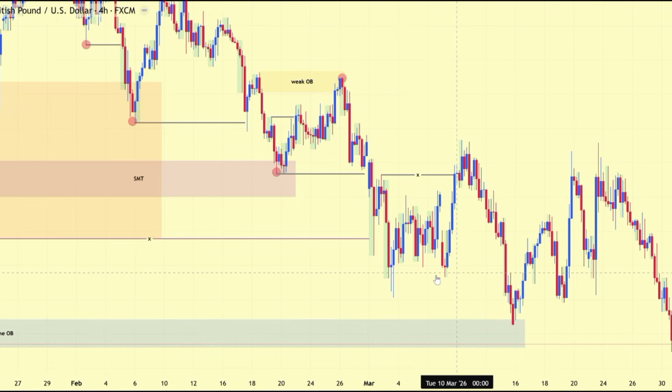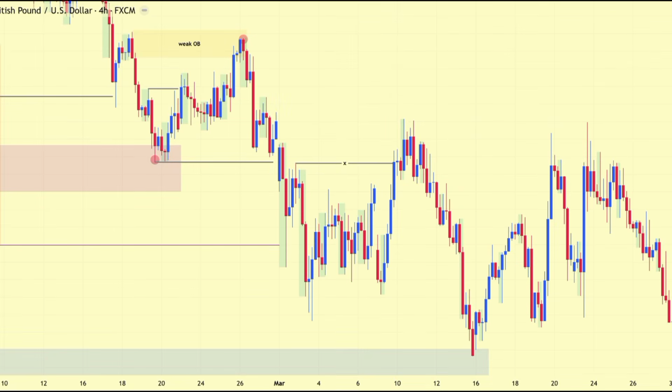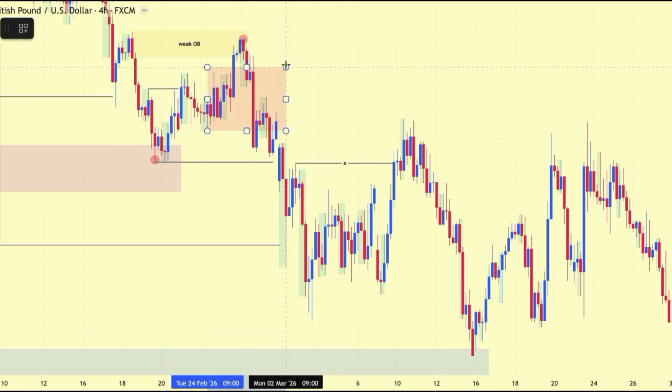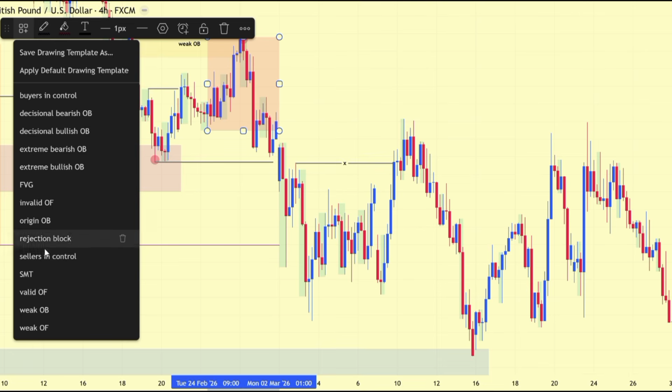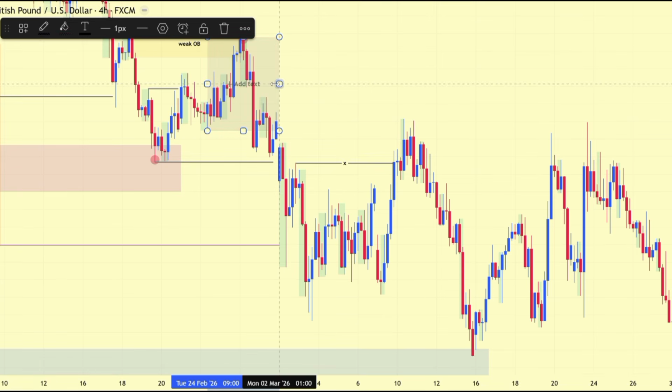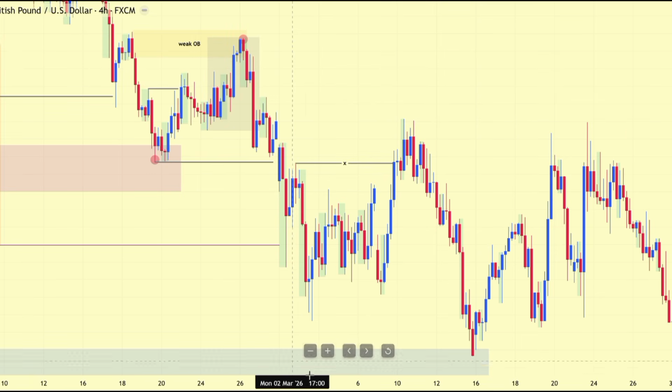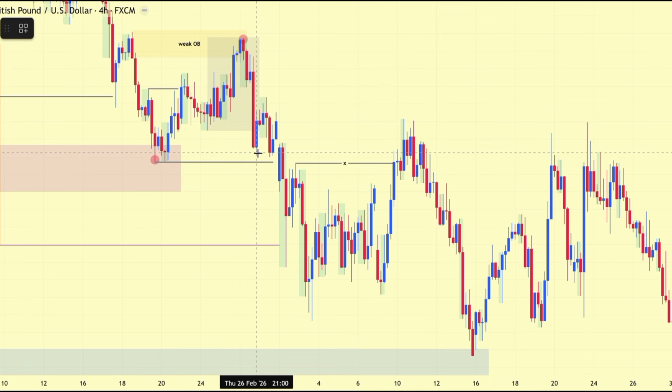And as you can clearly see exactly right here, if I am to mark the order blocks or the POIs, I'll be starting from up here, and you can clearly see this is of course our order flow, and this order flow is mitigated, so it's of no use to us. The next one, the one that comes after this, is this one, also mitigated.